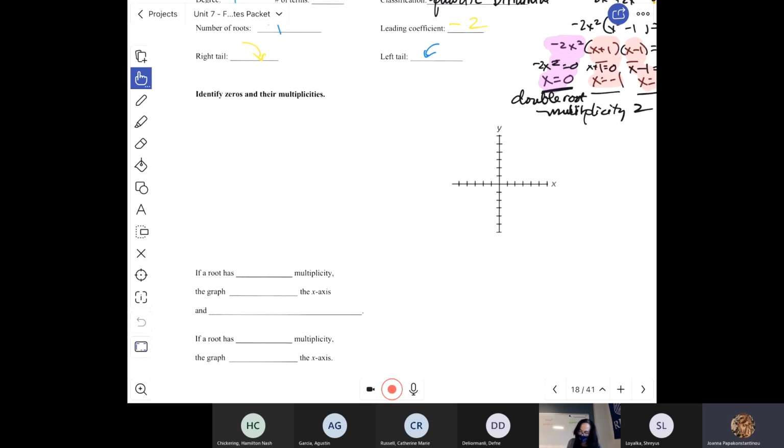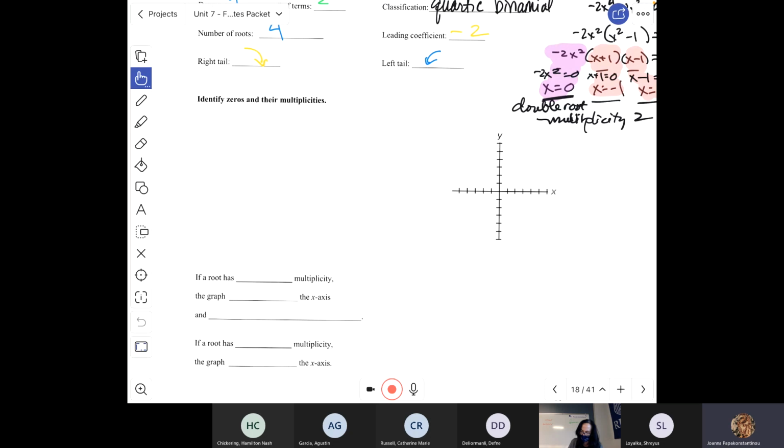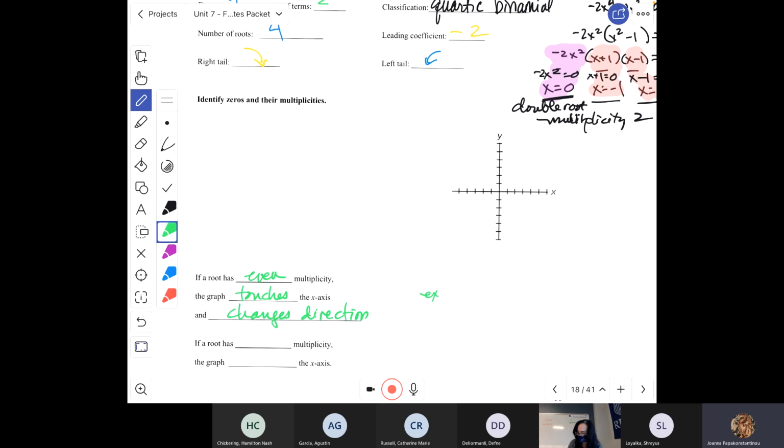So we said if a root has even multiplicity, the graph touches, and this is based on what we know with quadratic equations. If the root has even multiplicity, the graph touches the x-axis and changes direction. For example, y equals x squared, right?